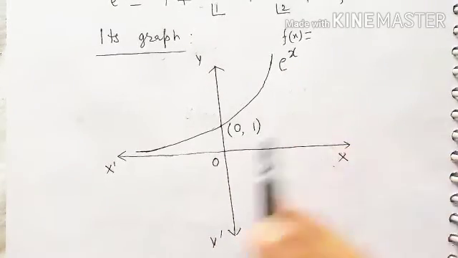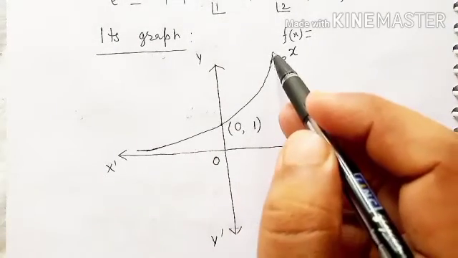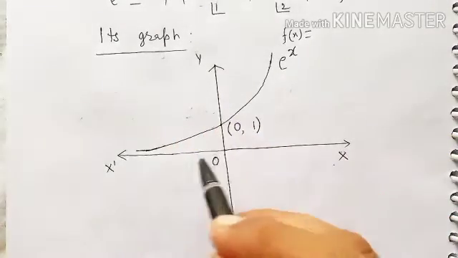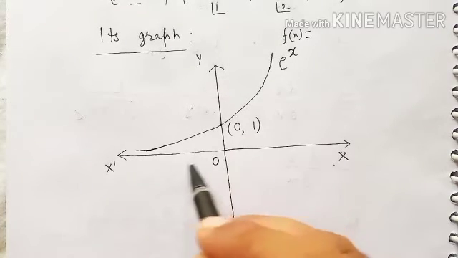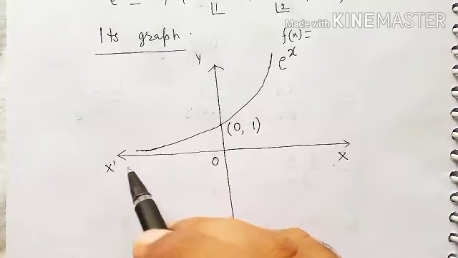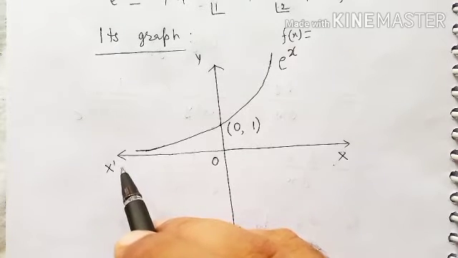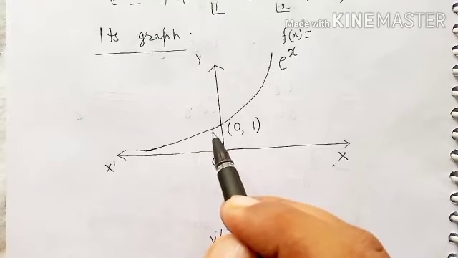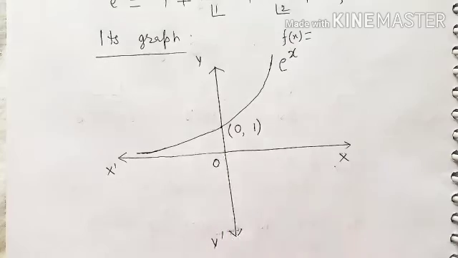It means that as we go from left to right, the graph rises above, and in the second quadrant, the graph approaches the x-axis. It means that it never meets the x-axis whenever we tend the value of y towards 0.